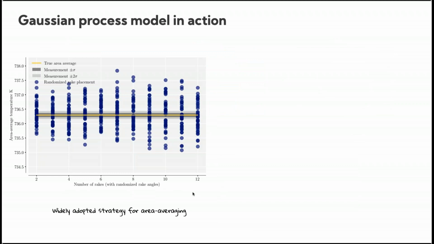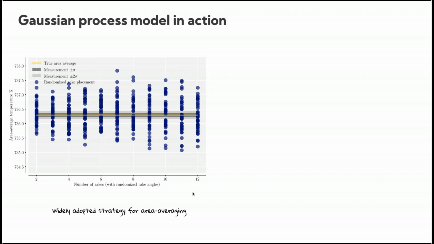I also want to emphasize why this approach is so different from classical techniques. If you were to take any widely adopted strategy for area averaging, in this case I'm referring to the sector-weighted area average, where you average based on the sector coverage of each probe, for a temperature field where the harmonics were known, this is with uncertainty, of course, this is effectively a convergence result.